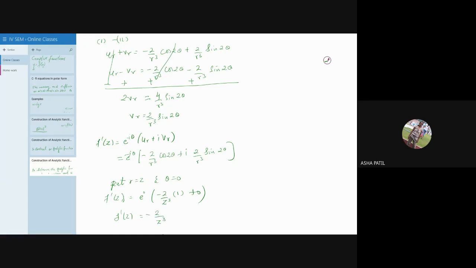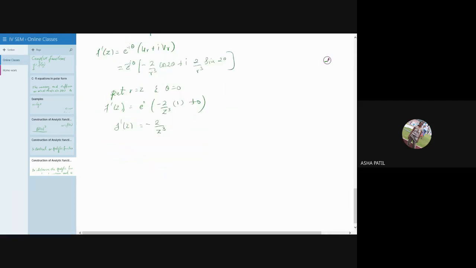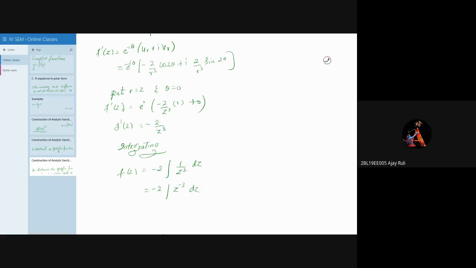So what we can write for f of z? f of z is minus 2 integration of 1 by z cube. It is as good as integration of z raised to minus 2.